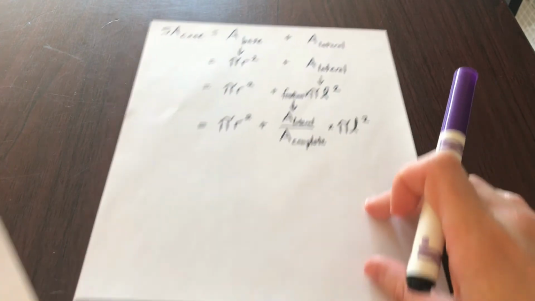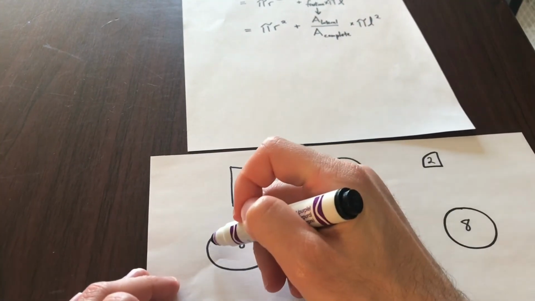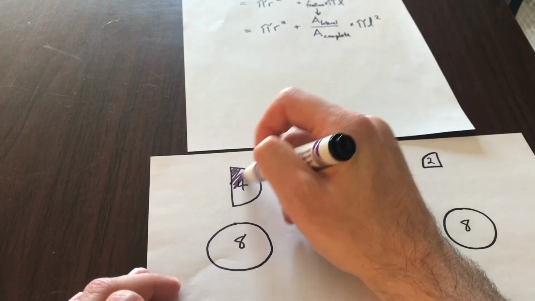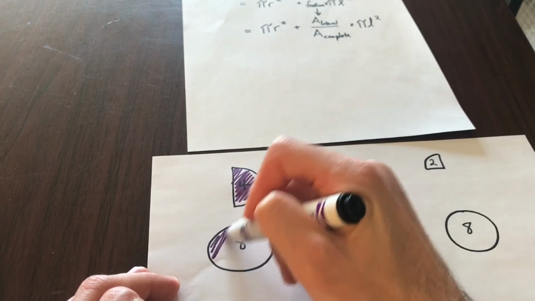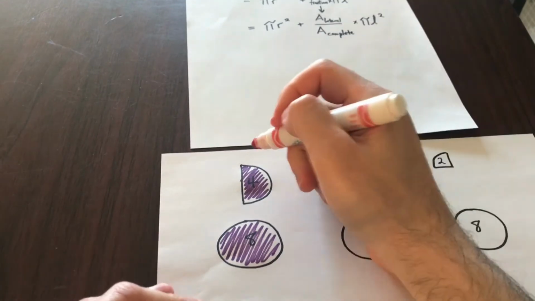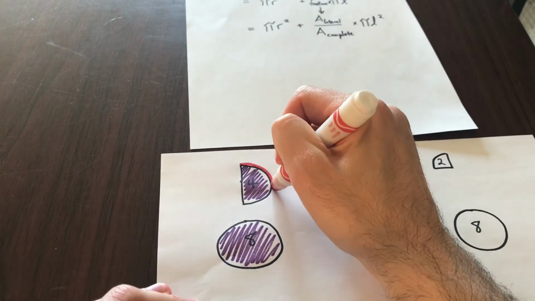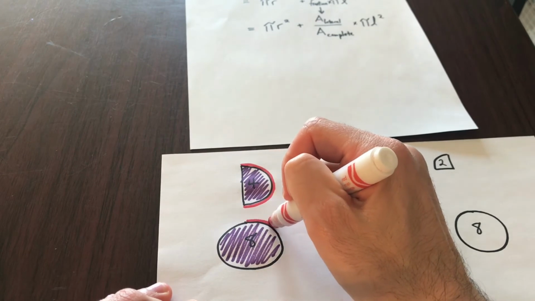For example, here we see that this area is half of this area, and this perimeter is also half of this perimeter.